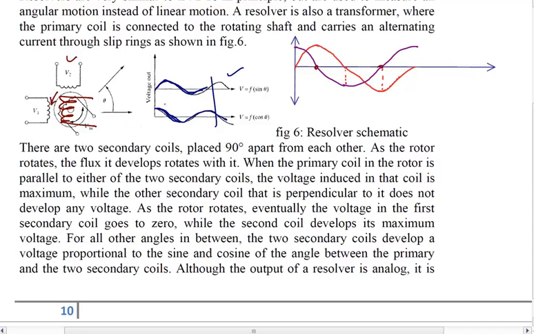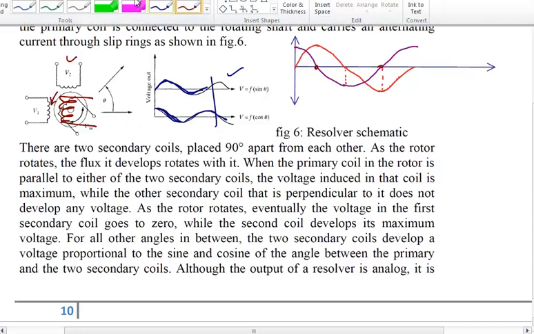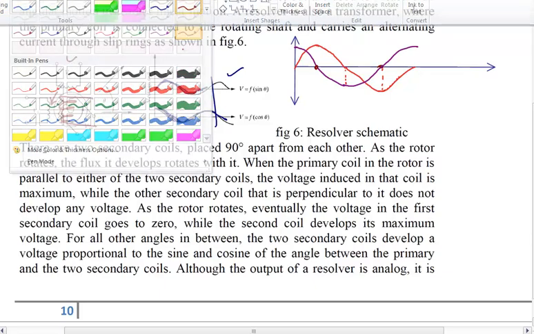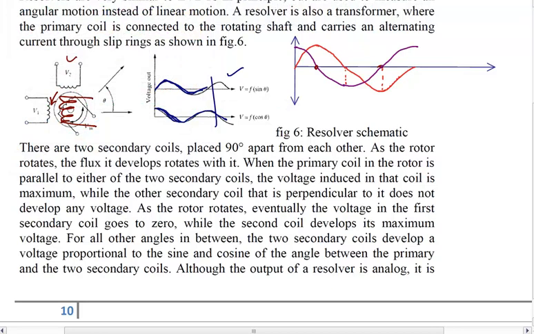Okay, so what will happen when I am going to move away from this position? The V1 voltage, the voltage that is developed in V1 is going to go down. Okay, it is going to go down, and then slowly it will go up.